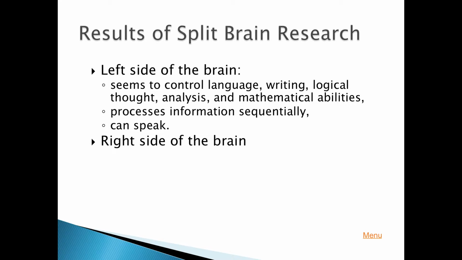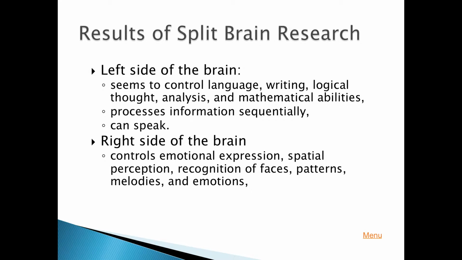The right side of the brain seems to play a role in emotional expression, spatial perception, recognition of faces, and patterns and melodies and emotions all seem to be housed in the right hemisphere. And as the left processes things sequentially, the right hemisphere processes information globally. Remember we talked about Gestalt, processing the whole?